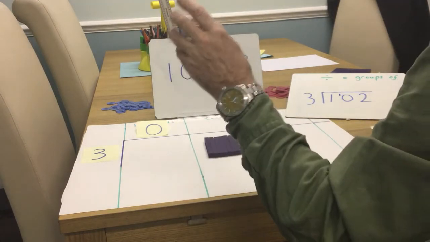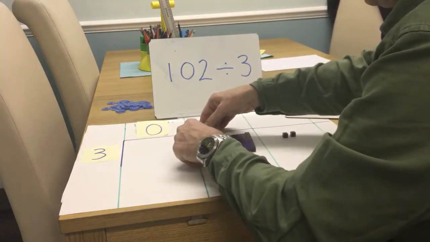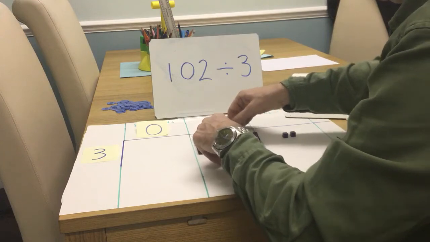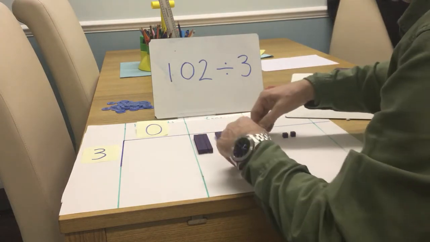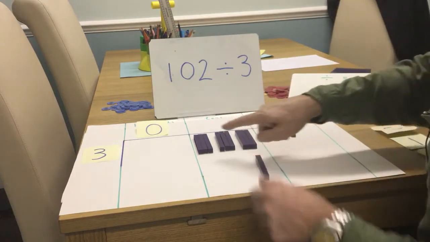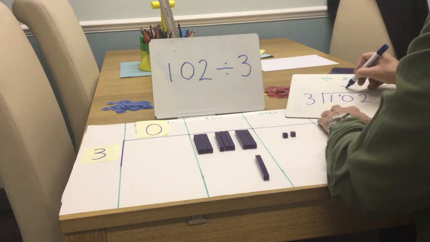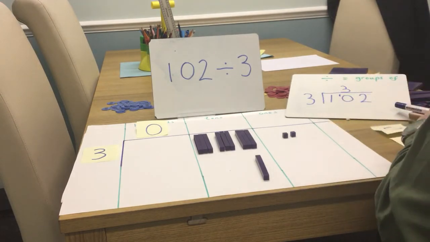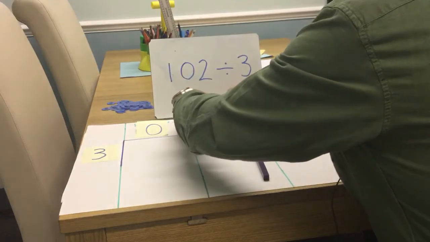Okay, question number 2. How many groups of 3 tens can we make from 10 tens? 1, 2, 3, 1, 2, 3. So I can make 3 groups of 3 tens. So I'll just pop that in, but you'll probably notice I've got 1 left over. So let's pop down a 3 from a picture.